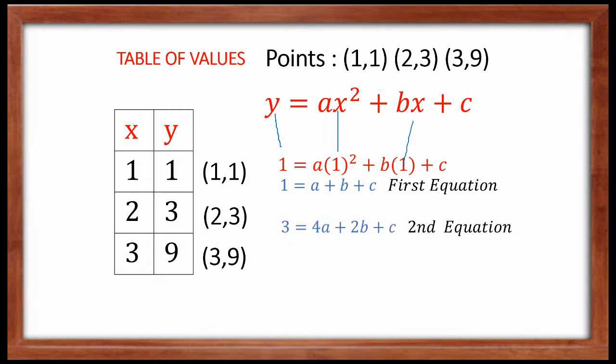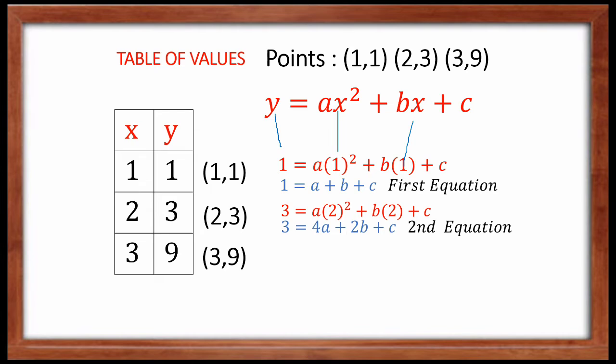And the second one, we have the second point, (2, 3). The value of x is 2 and the value of y is 3. What will happen? We have 3 equals a times the quantity of 2 squared plus b times the quantity of 2 plus c. The simplified equation is 3 equals 4a plus 2b plus c.